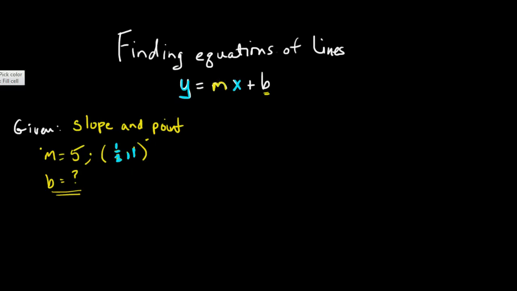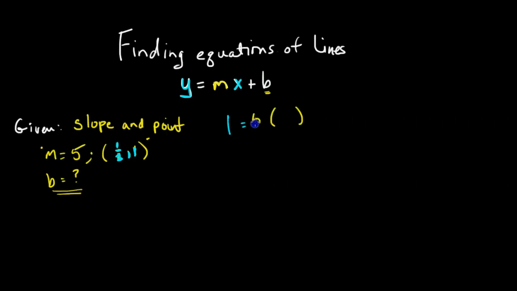So let's do that. Let's say that y is, in this case, 1 equals, our slope is 5, and we're going to multiply that by our x value, which is 1/2. And what we don't know here is the value of b. We have to find that before we can substitute it back into the equation. Well, that's not going to be terribly difficult as long as we know how to multiply and add fractions.